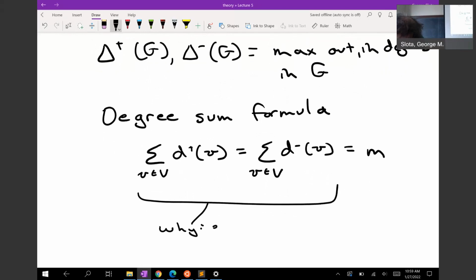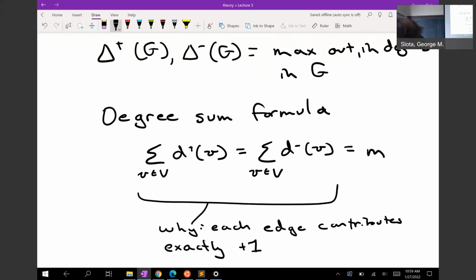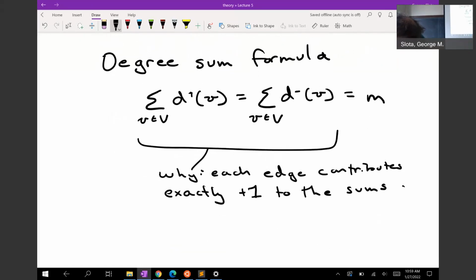And so it's pretty straightforward why this holds. Each edge contributes exactly +1 to the sums of in and out degrees.